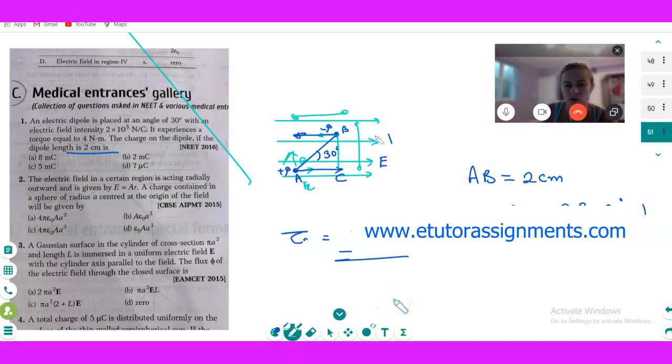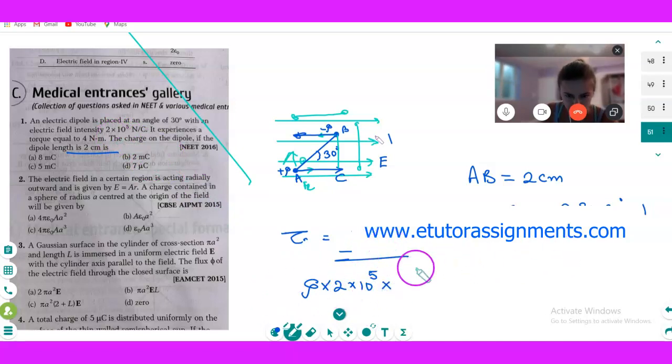You should convert it into meters. Now calculate F. F is going to be Q times E, where E is 2 × 10^5.